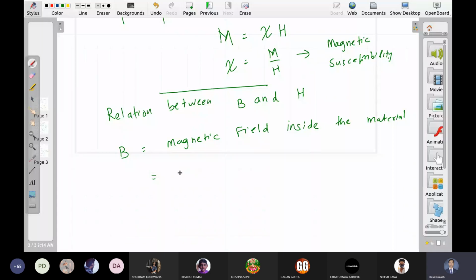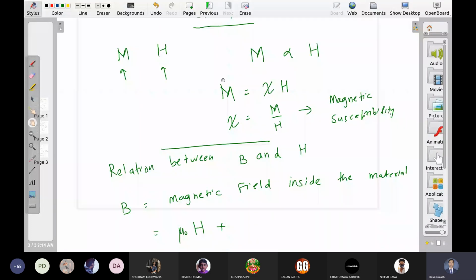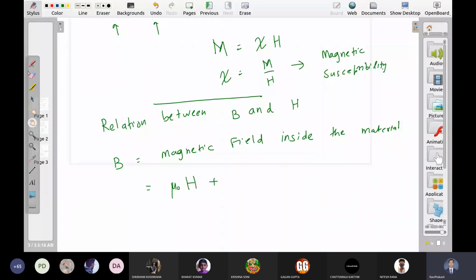This is equal to the applied field, mu naught H, and it has a contribution from the induced field also, right?